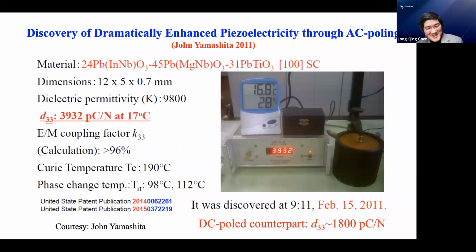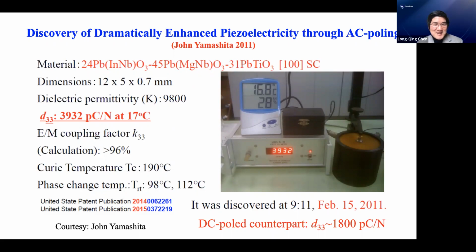Now, the main story I'd like to tell today in this talk is about the piezoelectricity enhancement due to AC poling, alternating current electric field poling. Rather than DC poling, where you apply a steady electric field for a certain amount of time and then remove it, here the electric field goes back and forth. This was discovered by John Yamashita about 8 to 9 years ago.